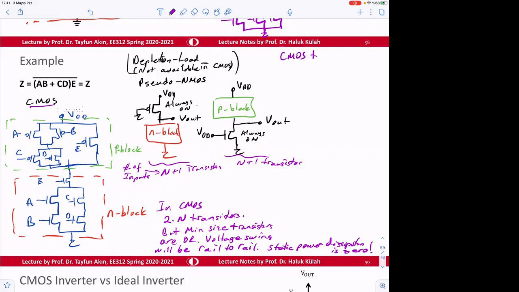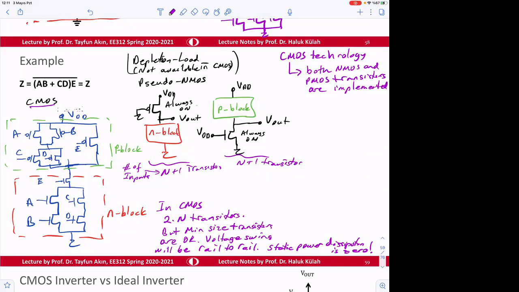CMOS technology has 2 definitions, both NMOS and PMOS transistors are implemented.